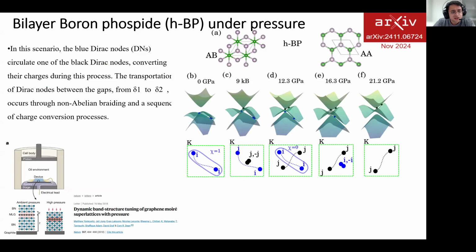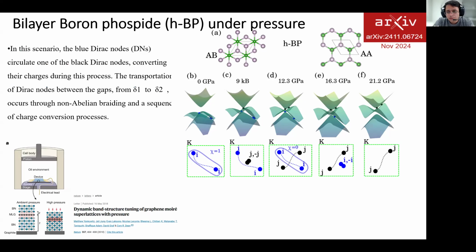But we think also about other ways. For example, suppose that you have a small gap, a bilayer AB stacking of such a system, then using pressure, you may obtain such a procedure.